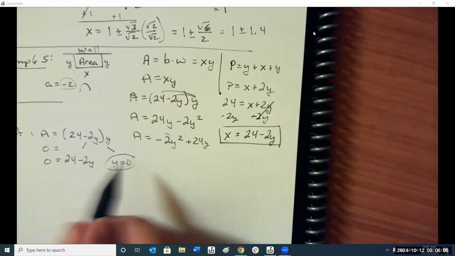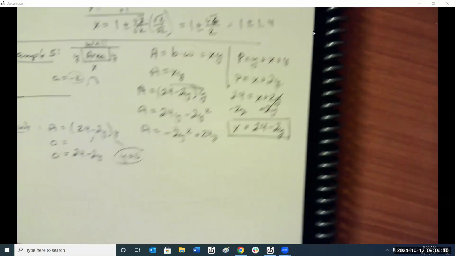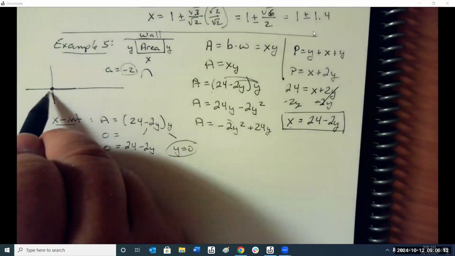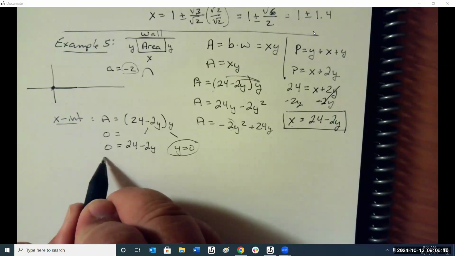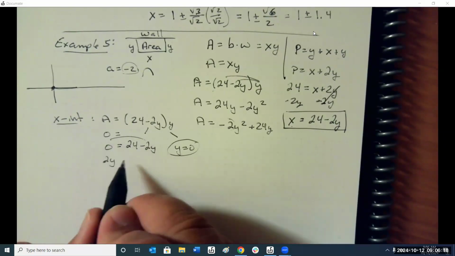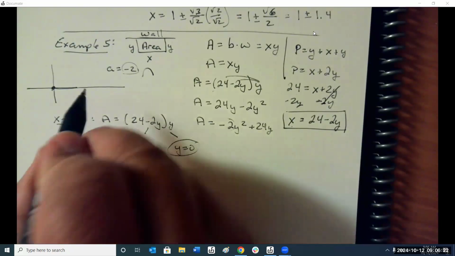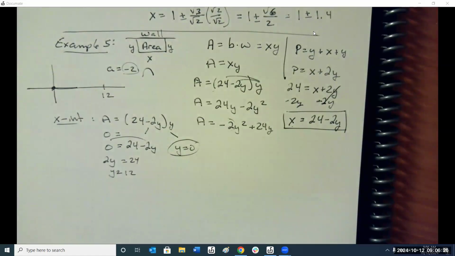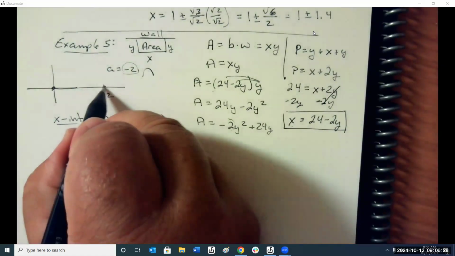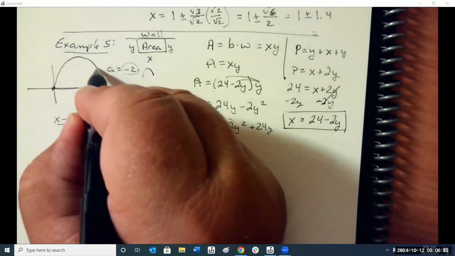So at y equals 0, that's one of our points right there. Then moving the 2y over, 2y equals 24, so y equals 12.